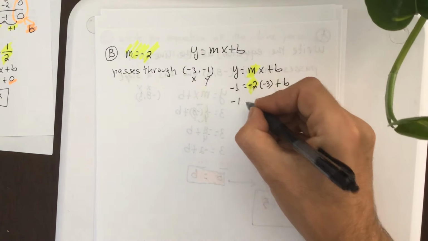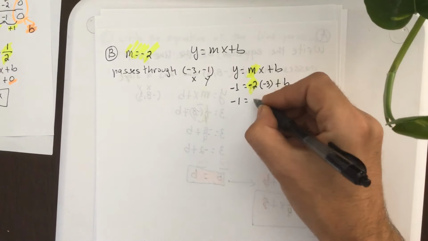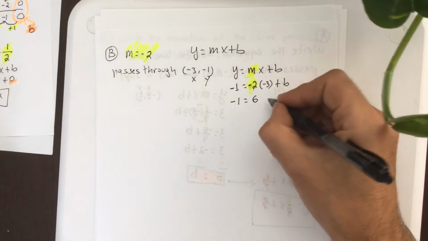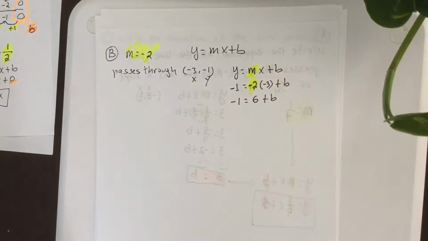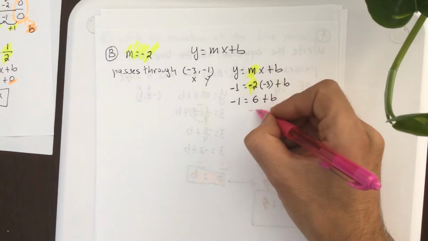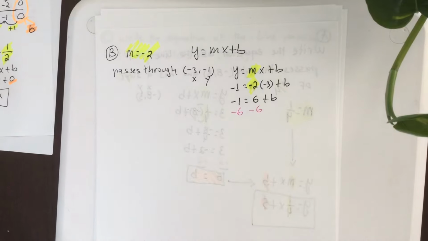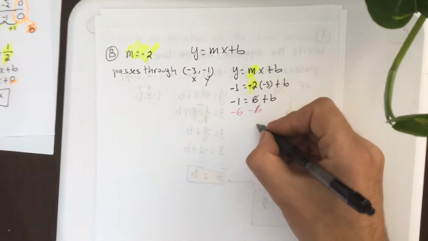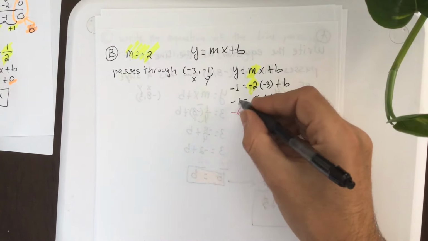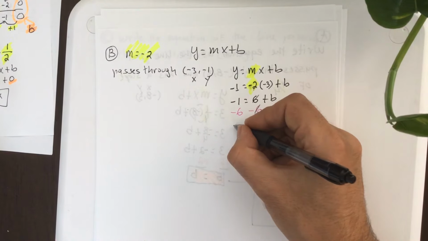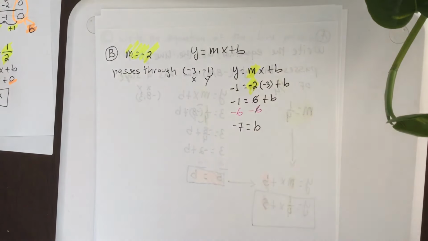So negative 1 equals negative 2 times negative 3, that's a positive 6, plus b. One-step equation here. Subtracting 6 from both sides of the equation should give you the b, which is b equals negative 1 plus negative 6. That's a negative 7. That's my b.